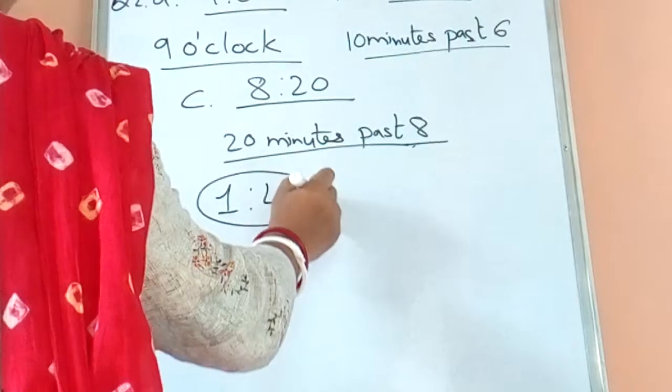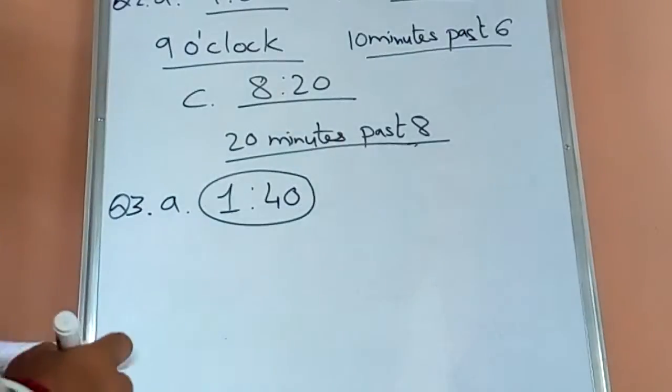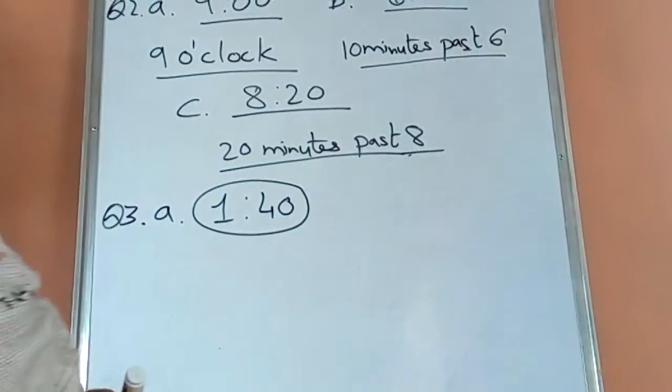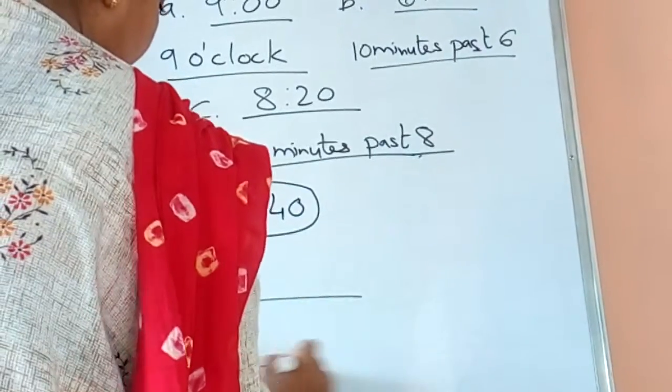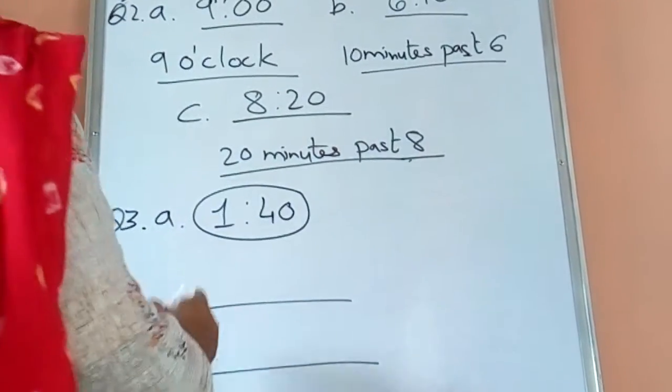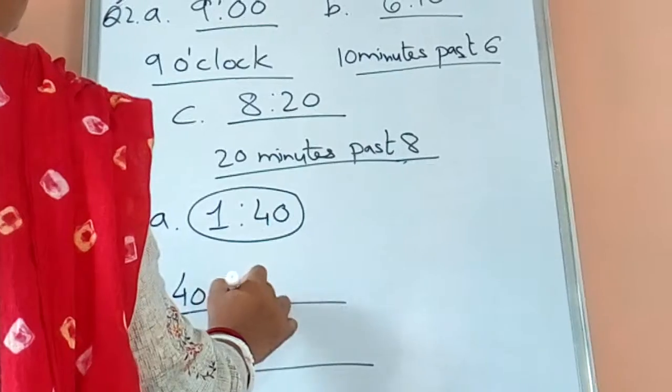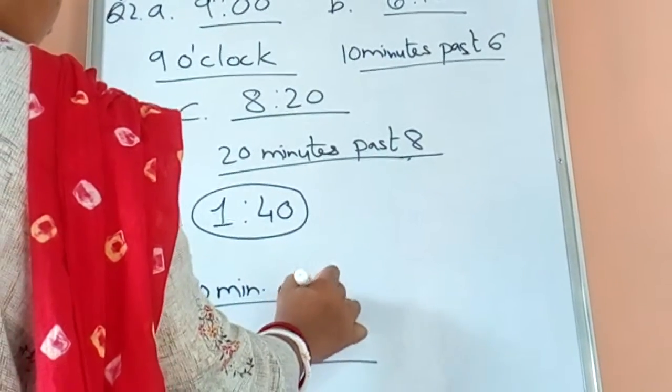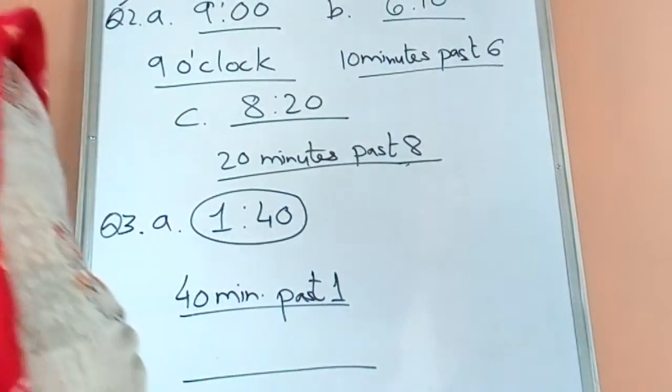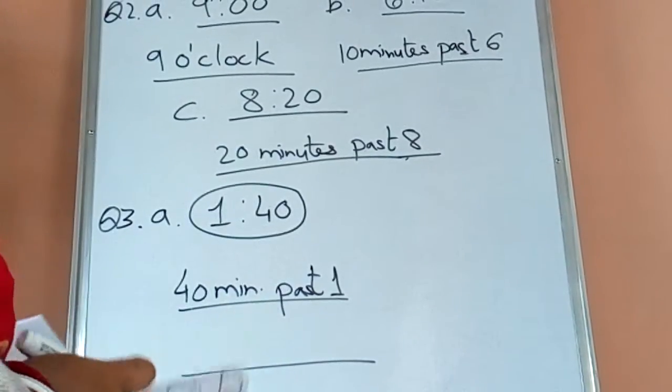So in the circle you will write 1:40. Now 2 more ways you have to write. You can write that 40 minutes past 1 o'clock, isn't it? 40 minutes have passed 1 o'clock.